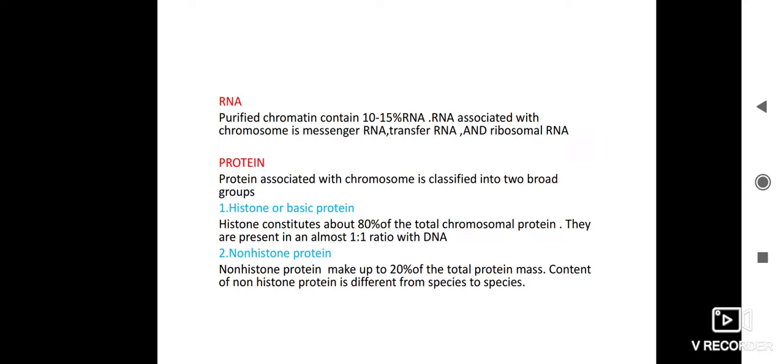Protein associated with the chromosome is classified into two broad groups. First, histone or basic protein. Histone constitutes about 80% of total chromosomal protein. They are present in almost 1:1 ratio with DNA.